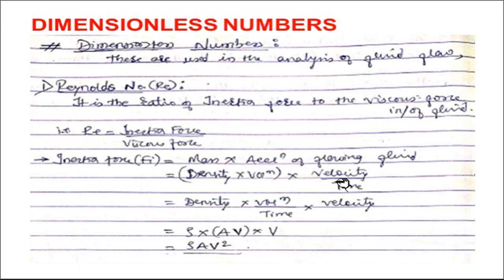Further, we can manipulate: time can be taken below volume, so this is volume flow rate, discharge rate, and discharge rate can be written as area into velocity, cross sectional area of a flow passage into velocity. So this is the manipulation regarding the various parameters. Further we get the formula rho a v square. So this is the formula for inertia force, rho a v square, observed in the fluids.